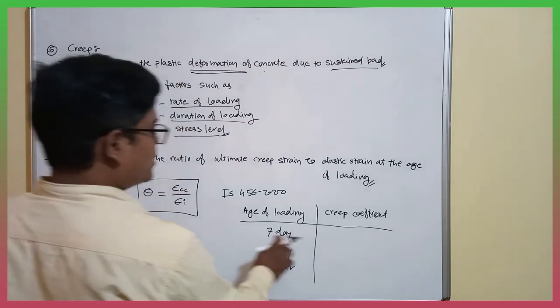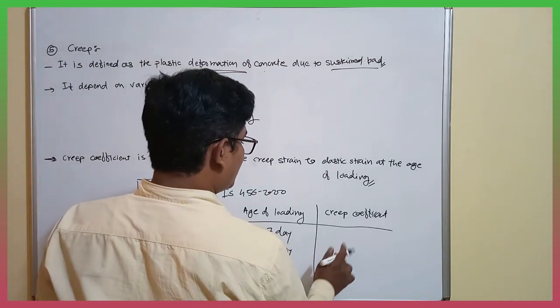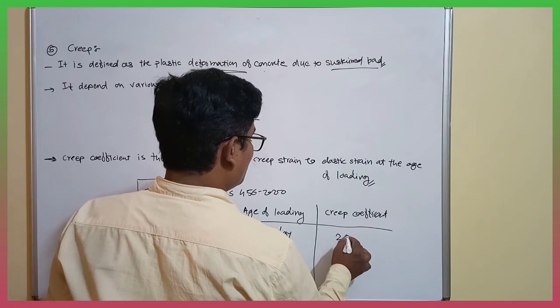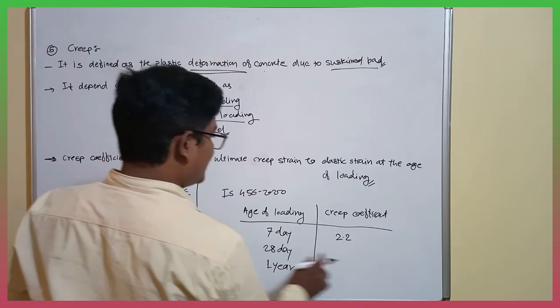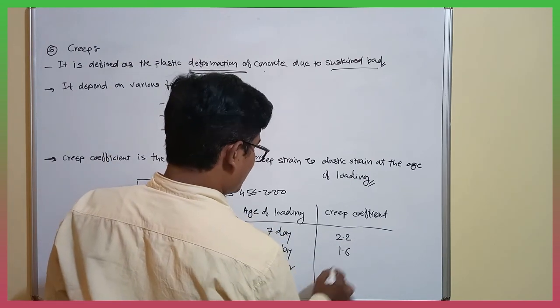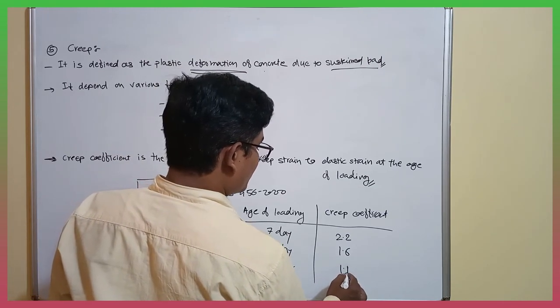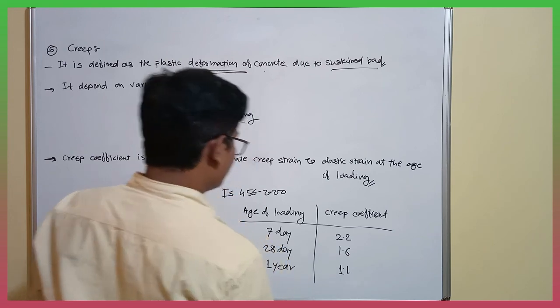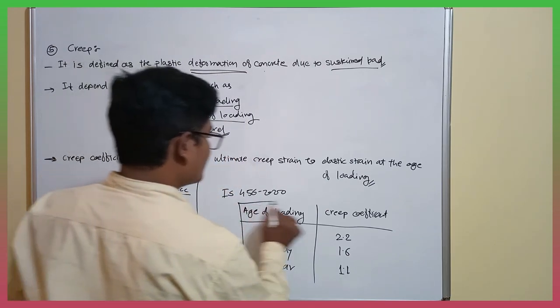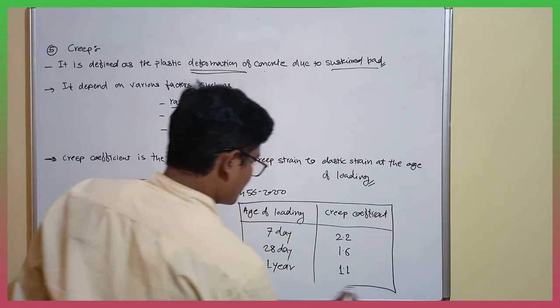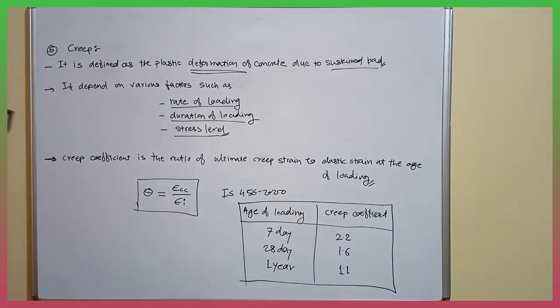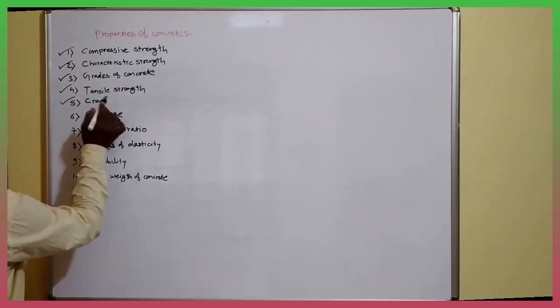According to that, for 7 days, the creep coefficient is given as 2.2. For 28 days it is given by 1.6, and for 1 year it is given by 1.1. This is about the fifth property, creep.